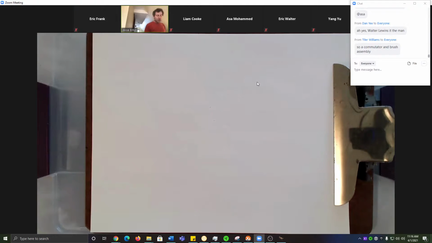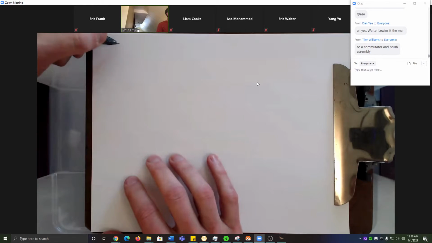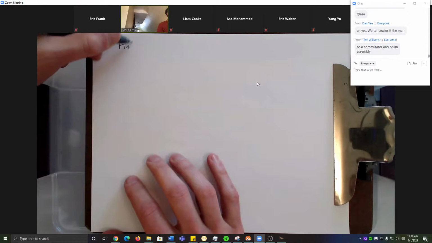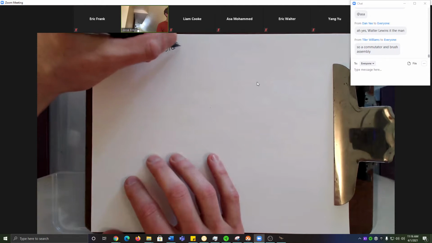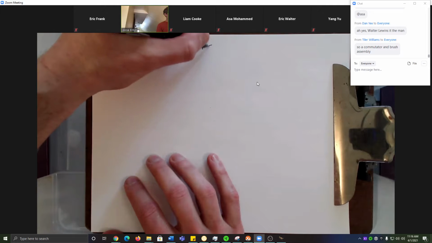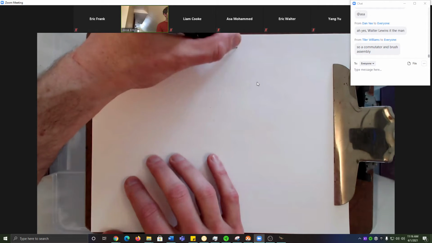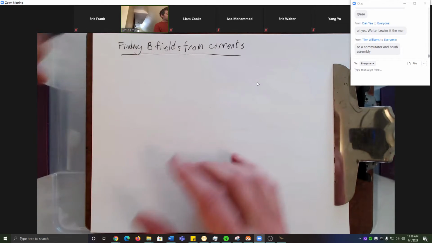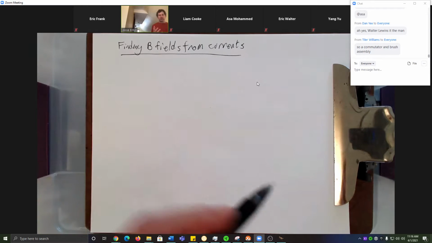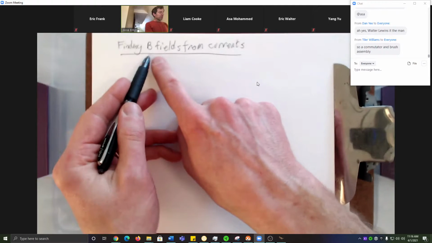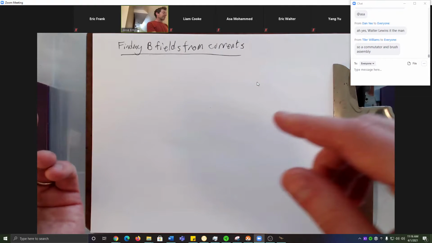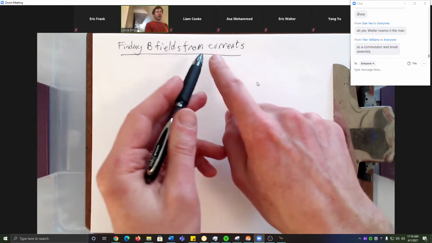So moving on, we're going to switch gears into the next chapter: finding B fields from currents. Remember we said the logical order would be first you would learn how B fields are produced from currents, and then you would find the forces that B fields apply to moving charges and currents.